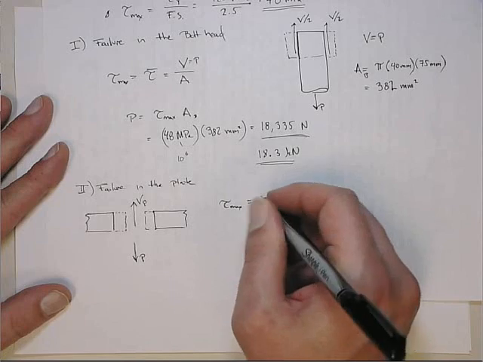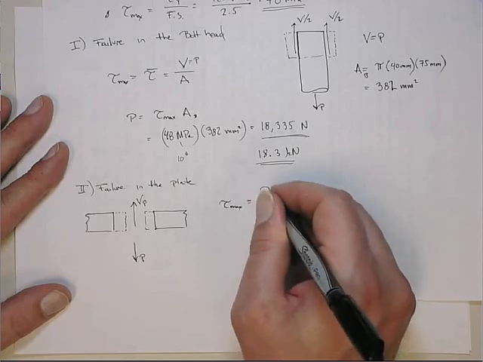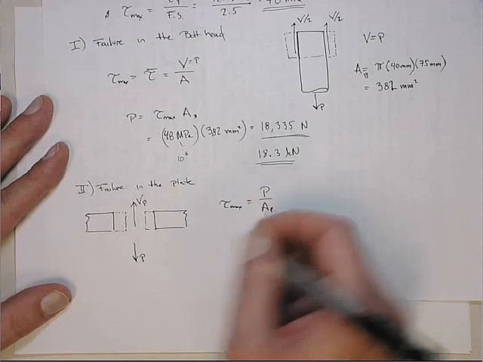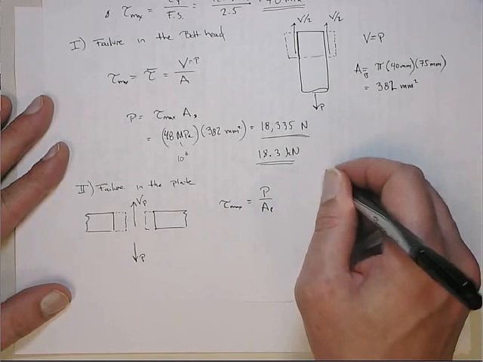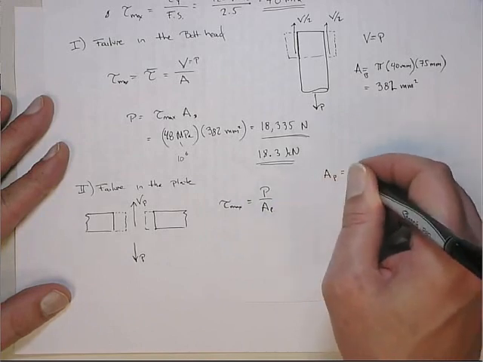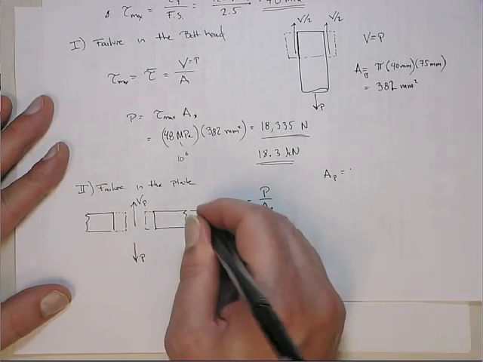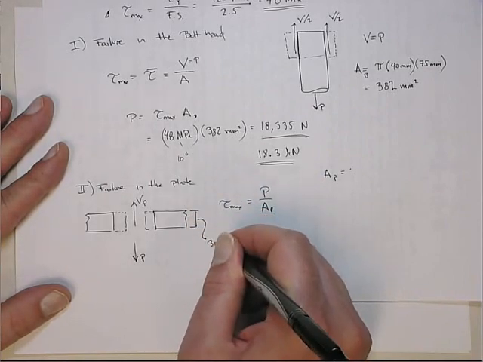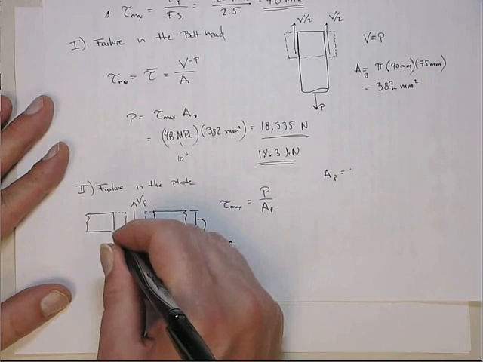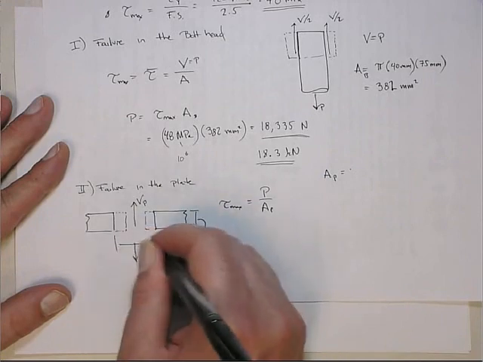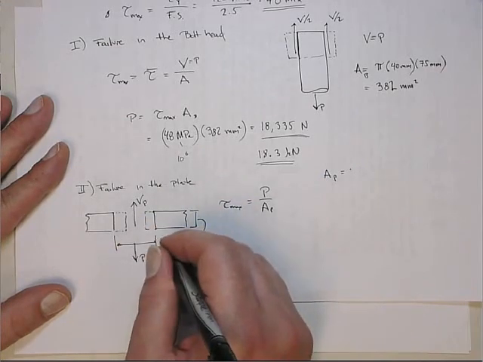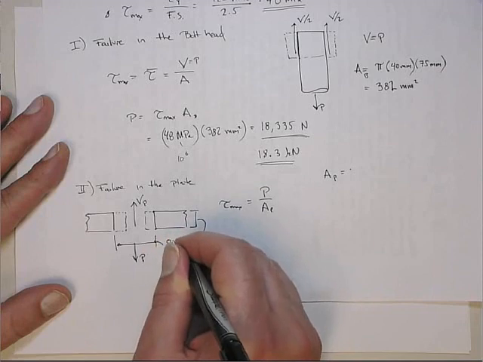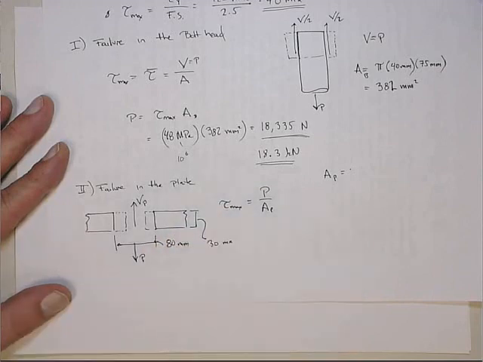Tmax equals P over the area of the plate. Now the area of the plate in this case is this cylinder. This height here is 30 millimeters, and this shear diameter is the diameter of the bolt head. That's the 80 millimeters.